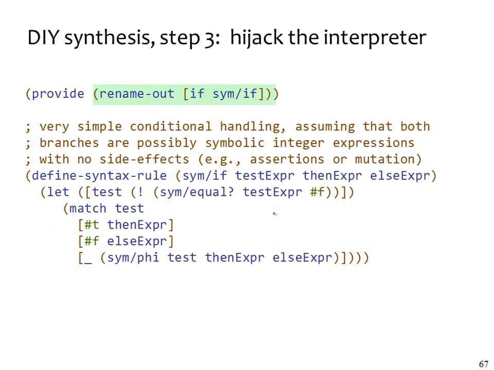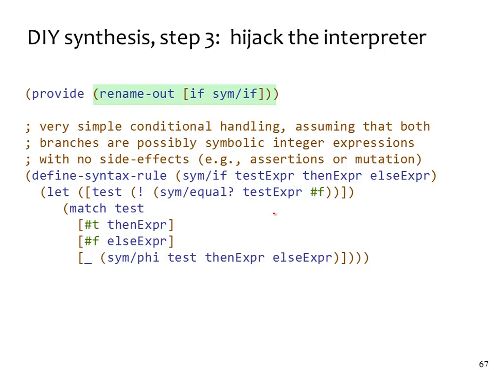The other thing that we have to do is handle the conditionals. So I'm showing you a very simplified version of this that has no side effects. If there are side effects, you have to do a little bit more work and be a bit more clever. But if there are no side effects, it's actually pretty easy. So what does this do? It says that I'm defining a macro. Whenever a user writes if in their program, I am going to substitute that if statement with this let expression.